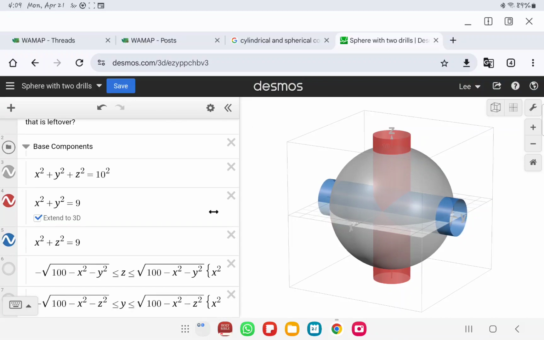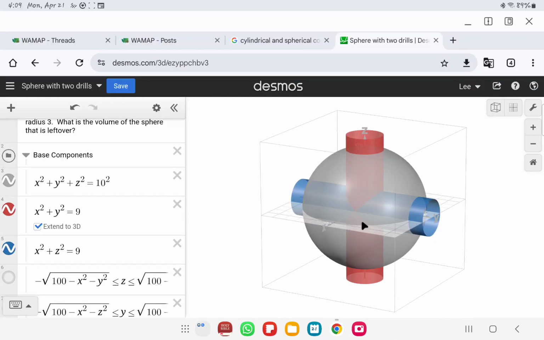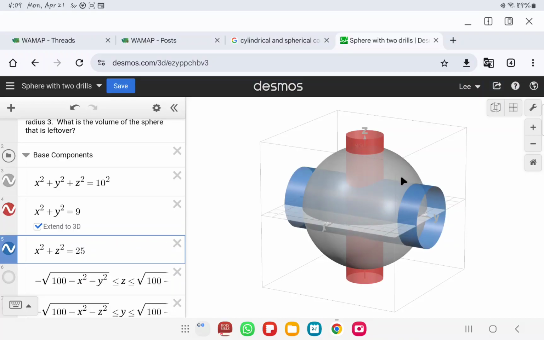There's a couple things that could happen. One is your spheres are off center, and the other is the spheres are different radii. So if I just make, say, this x squared plus z squared at 25, all of a sudden this is a much larger cylinder.